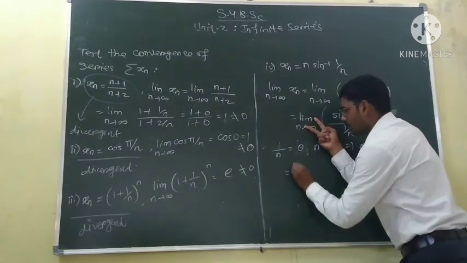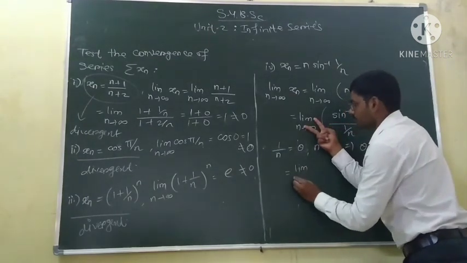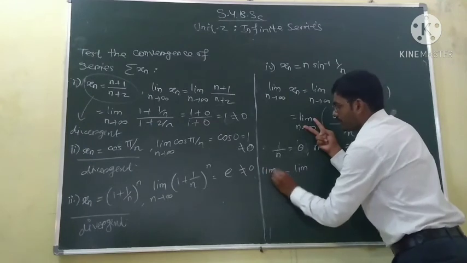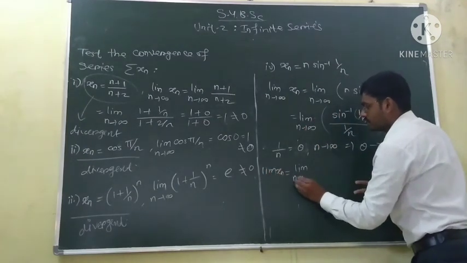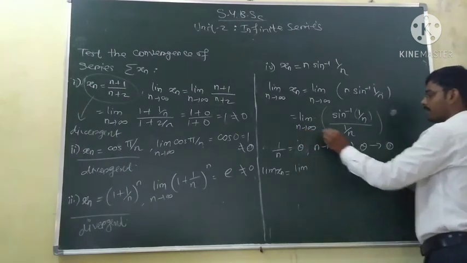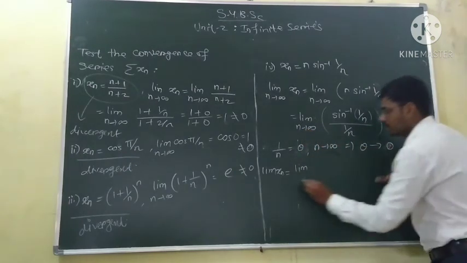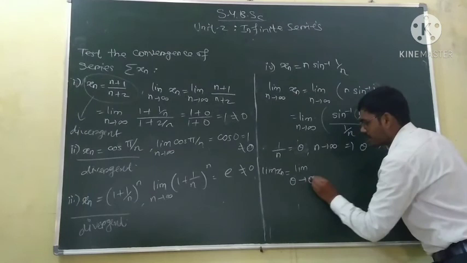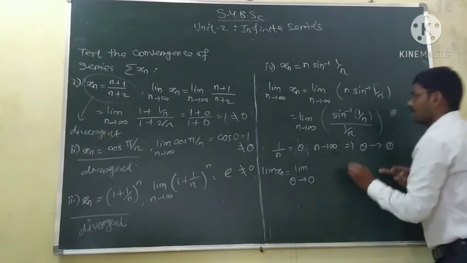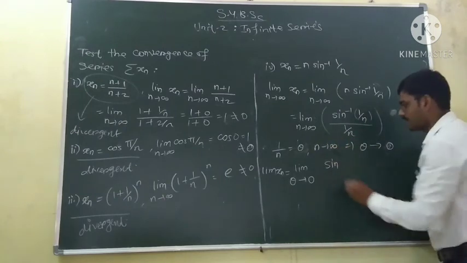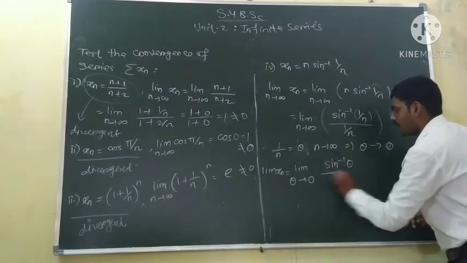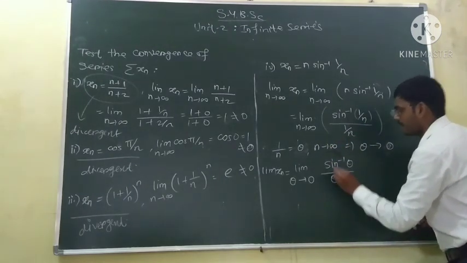This implies the limit of x_n is equal to the limit as theta tends to 0 of sin inverse of theta upon theta, since 1 by n is theta.